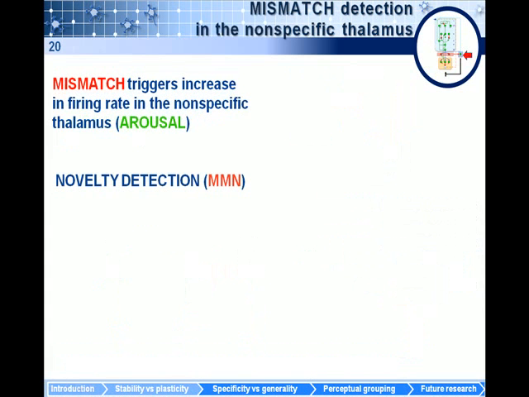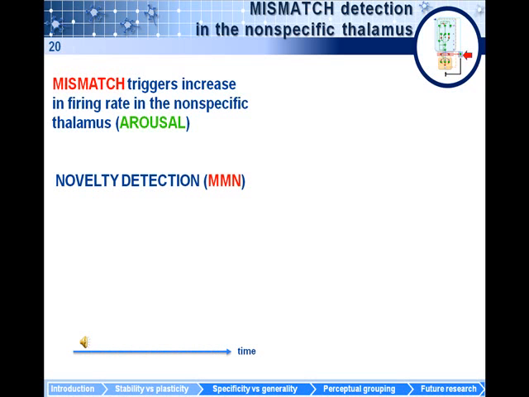So there is a lot of evidence that suggests that the non-specific thalamic nucleus is involved in the early detection of mismatched information. And this is particularly true in the so-called mismatch negativity literature, which is basically a brain event potential, or brain wave, which occurs whenever a novel stimulation is presented which is embedded in a stream of homogeneous stimulation.